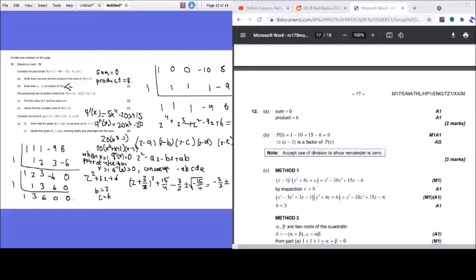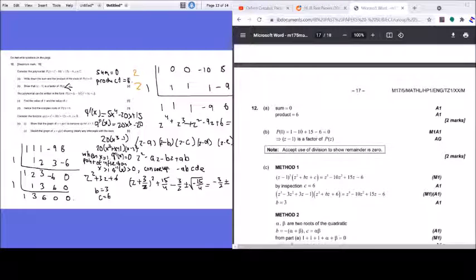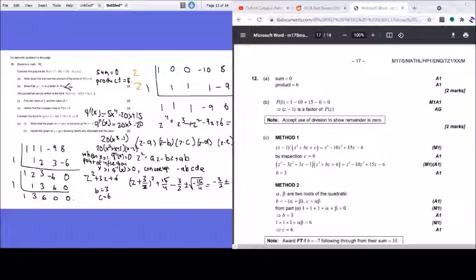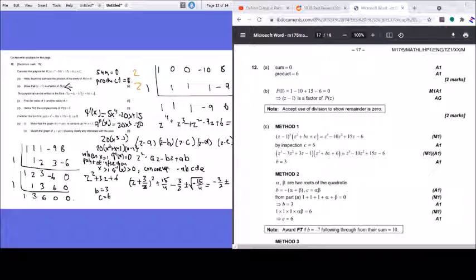So final question. Sum 0, product 6. Correct. So 2. Write the sum and the product of 2, 0. So they basically did this thing and accept use of division to show that the remainder is 0. So I got 2 points for that. And then this, by inspection, C equals 6, B equals 3.